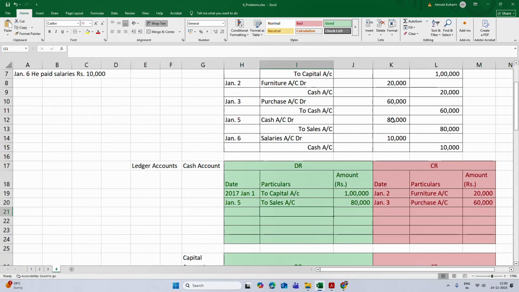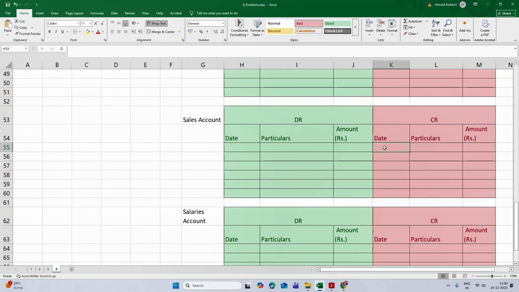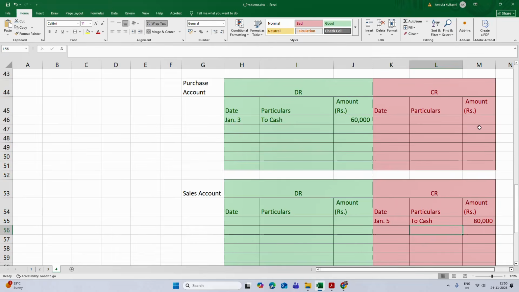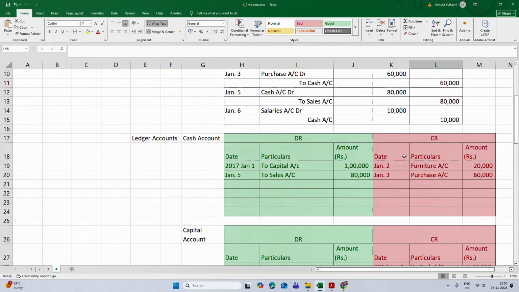This cash account is now debited by 80,000. So on January 5 to cash 80,000. It is by cash 80,000 rupees credited.